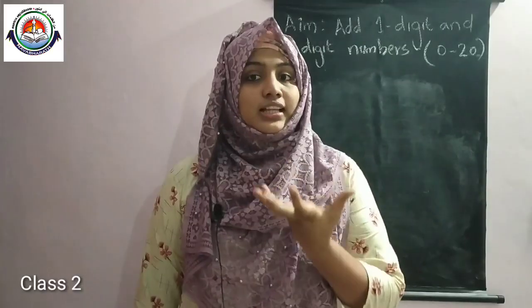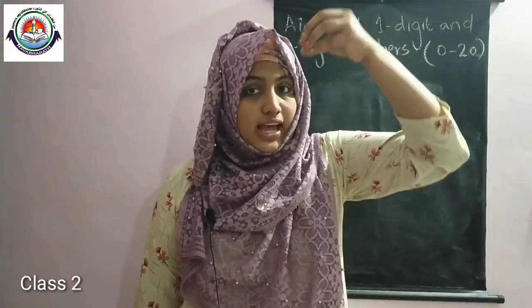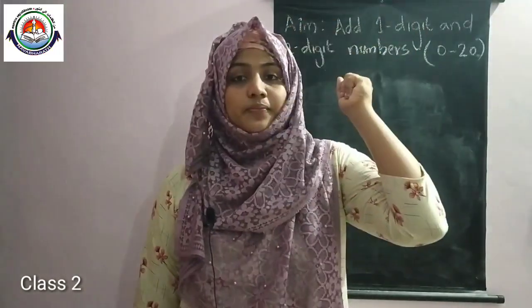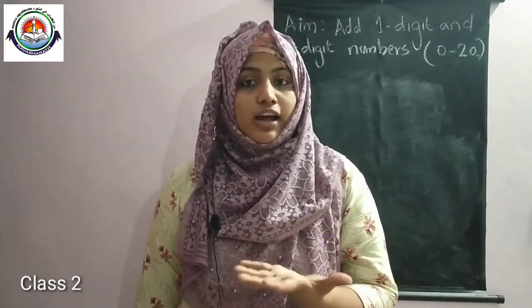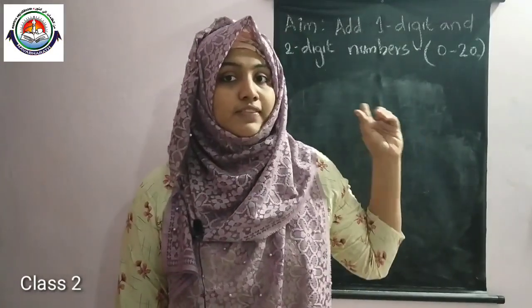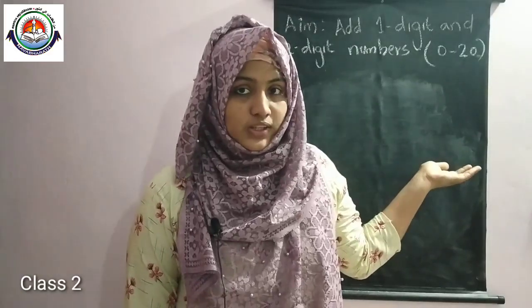So here there are 12 cookies in a jar. Then Meera added 5 more cookies into the jar. Then here there are total 12 plus 5 cookies, right? So we can find the sum. Then we will get the total number of cookies. Okay.